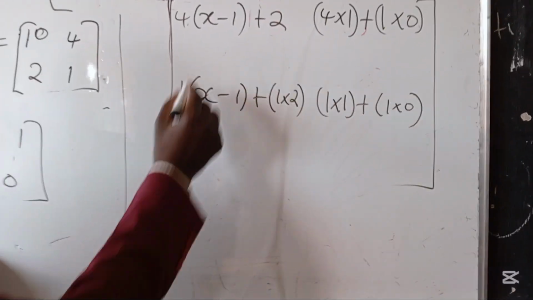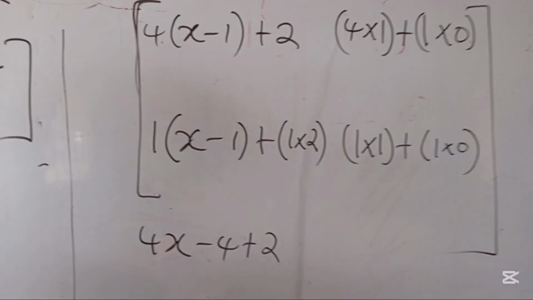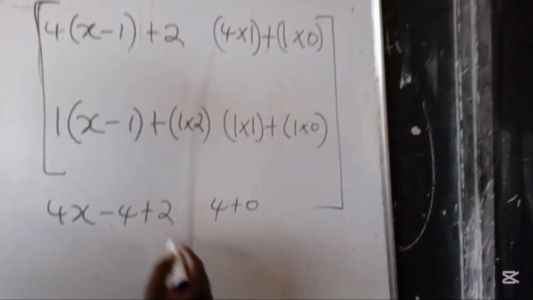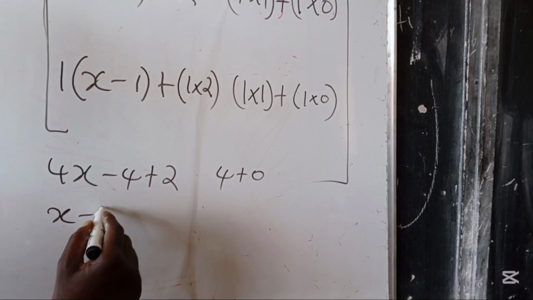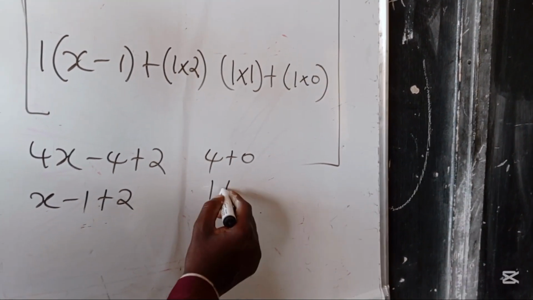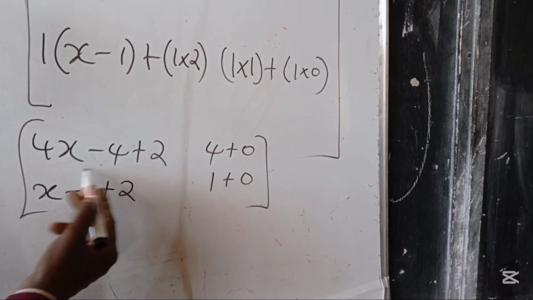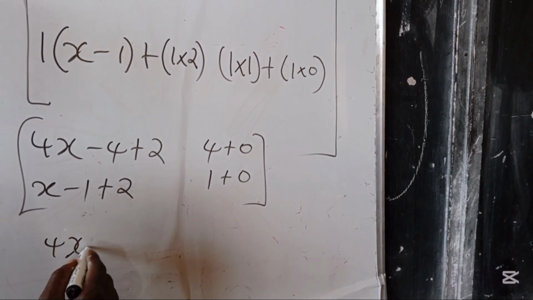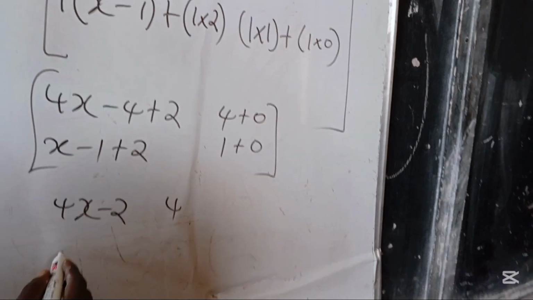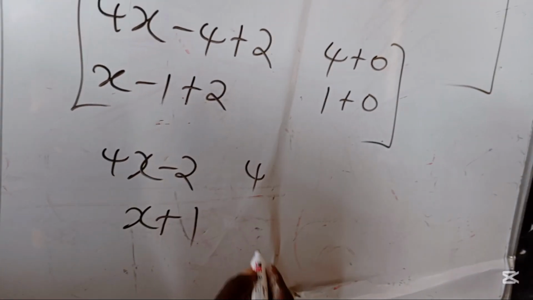When this one opens up, I have 4x minus 4 plus 2. Then this one will be just 4 plus 0. Then this one will be x minus 1 plus 2. This one will be 1 plus 0. You agree with me that when you work out nicely, this one will be 4x minus 2, and the second entry is 4. Then here, if you do it the correct way, you will get x plus 1. Then the other one will be just 1.